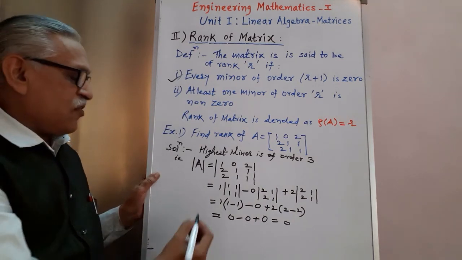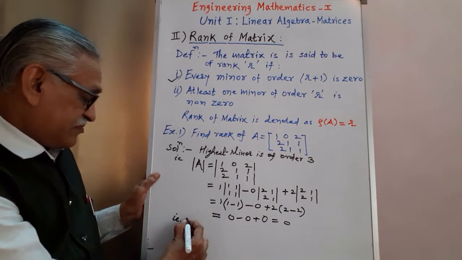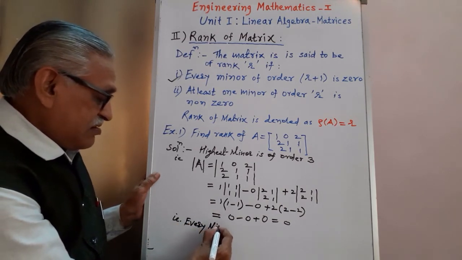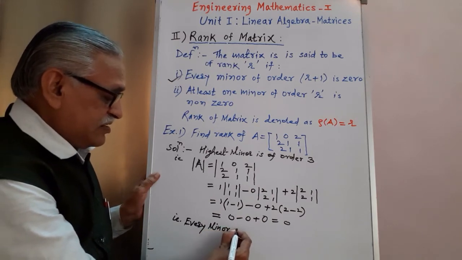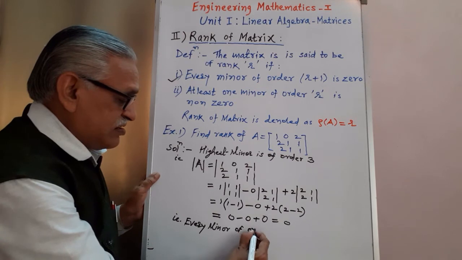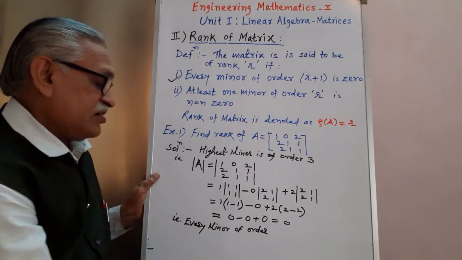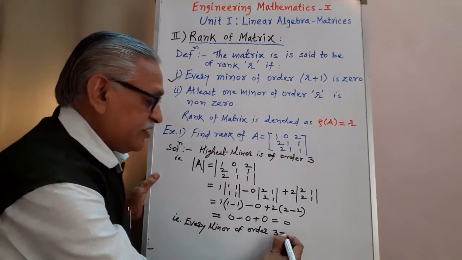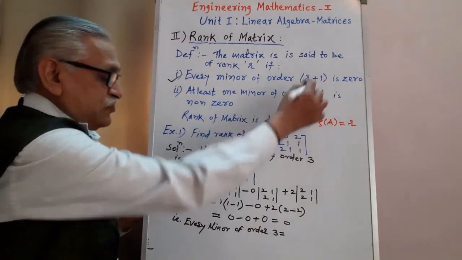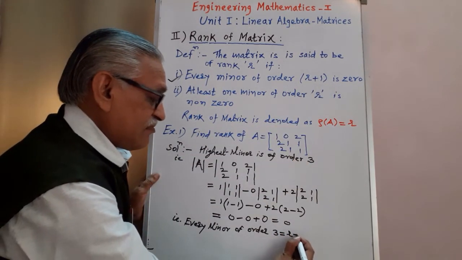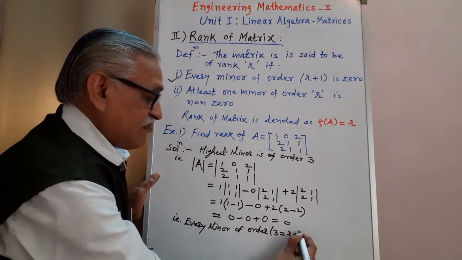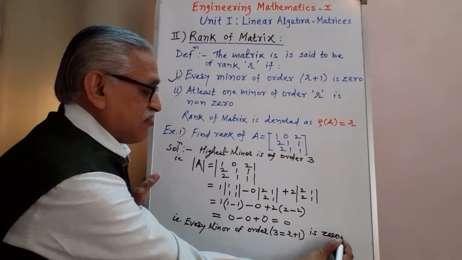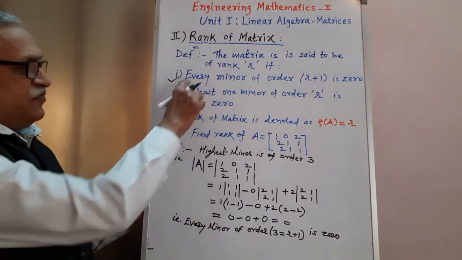Every minor, nothing but determinant, of order 3, which we consider as the value for r plus 1, is 0. Okay, the first condition is true.